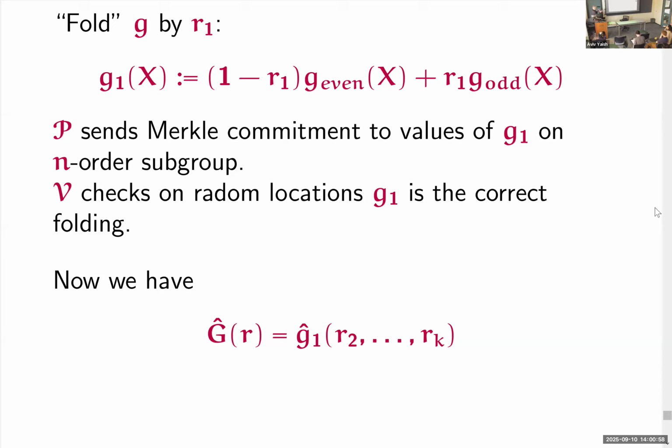So if G hat 1 is the correct fold, we've reduced the evaluation problem by half, sort of. And of course, what you do naturally in FRI is you do k rounds of this until you don't need to send Merkle commitments. You can send the whole GK in the plain sort of.